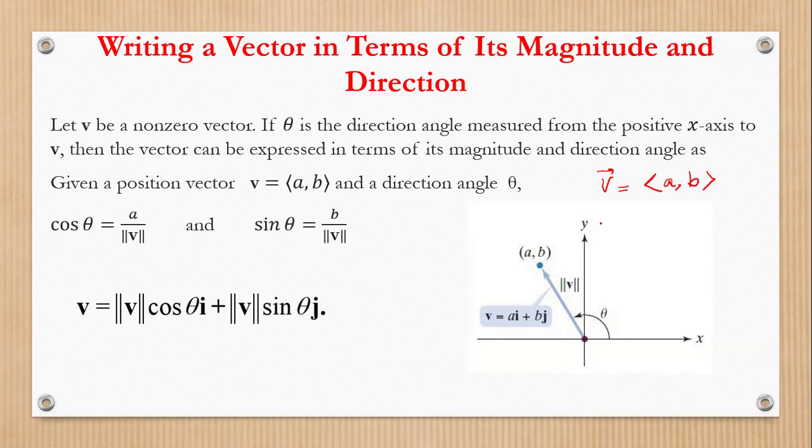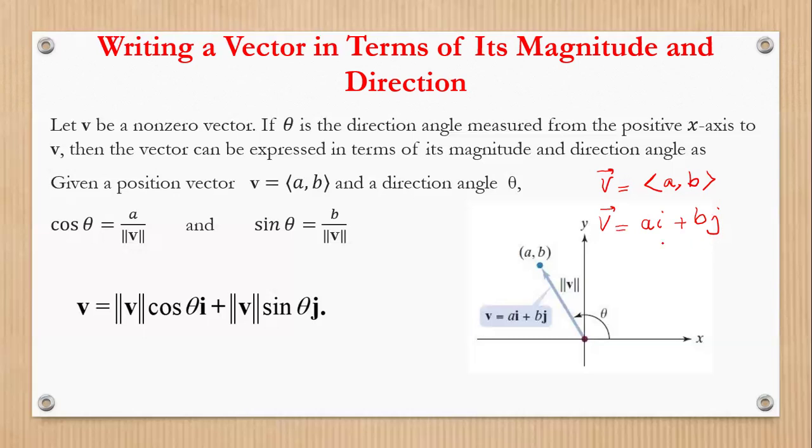If I want to show it in terms of i and j, we can write it as ai plus bj, because i is a unit vector along the x-axis, which has a magnitude of 1, and j is a unit vector along the y-axis with a magnitude of 1.